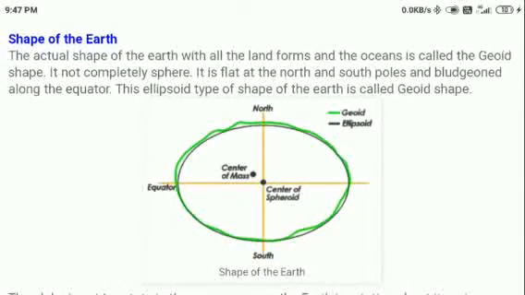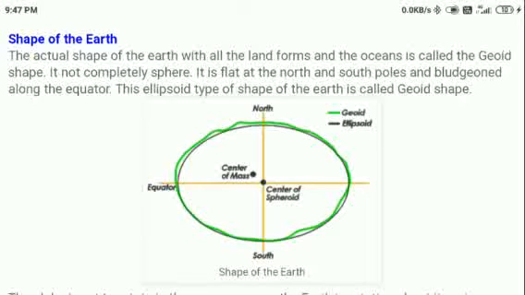So the actual shape of the earth is not a spherical shape. It is flat at the poles, north pole and south pole, and a little bulgy at the center or near the equator. So it looks like an ellipsoid, but in reality, including the various landforms, it has a rough type of shape.